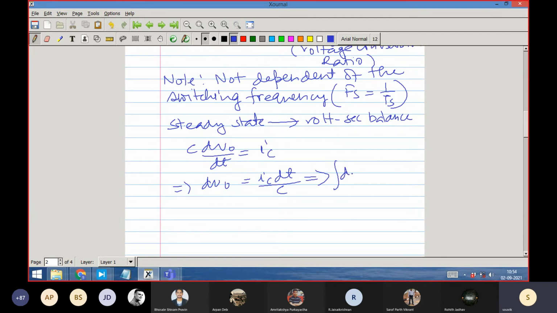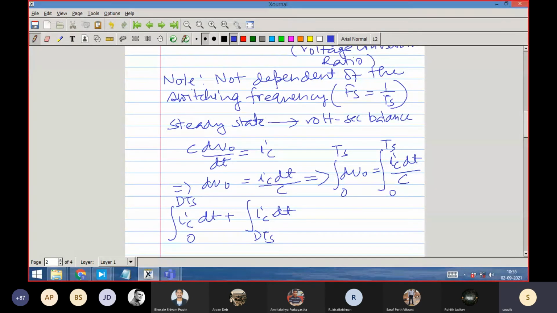the integration of dV naught from 0 to Ts is equal to the integration of IC dt by C from 0 to Ts, which is IC dt from 0 to dTs plus IC dt during dTs to Ts, equal to 0.